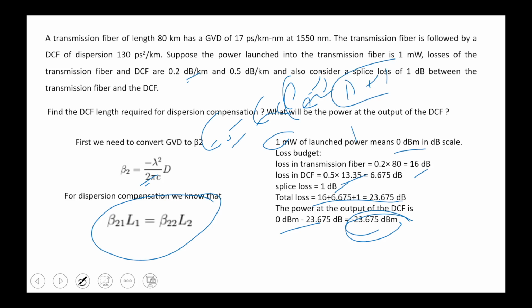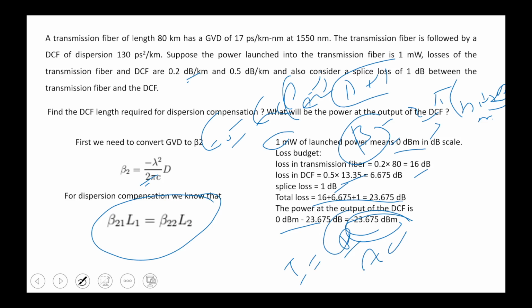You have to calculate the nonlinear beta, which is 2 pi upon lambda times (n0 plus n2 times I), where I equals P upon A effective, and A effective is the effective area of the signal. The P is the power and I is the intensity. So the effective area is not the area of the core but the area of the mode of the fiber. So you have to calculate beta through that formula.